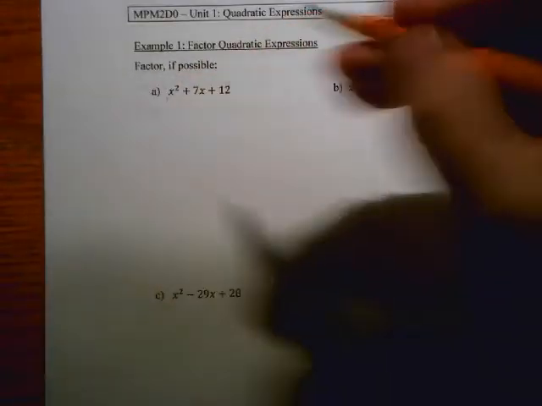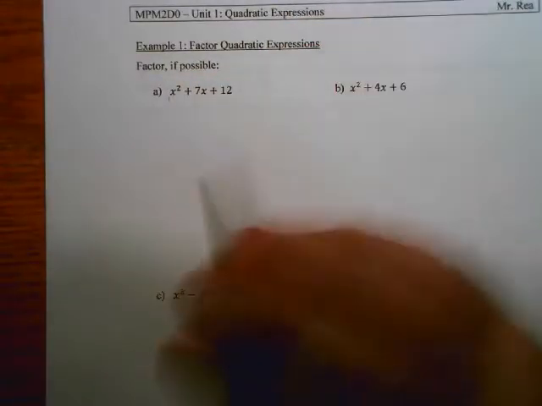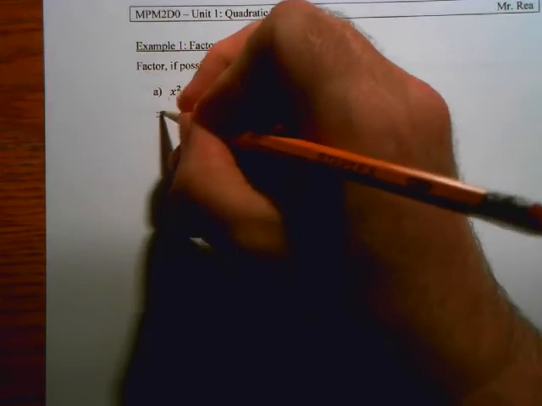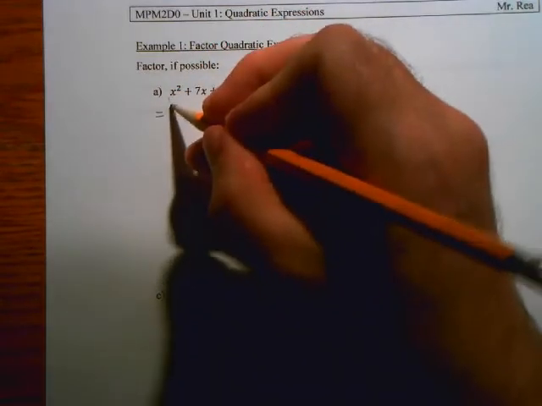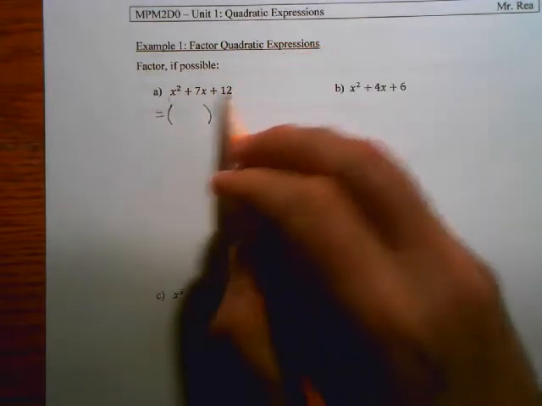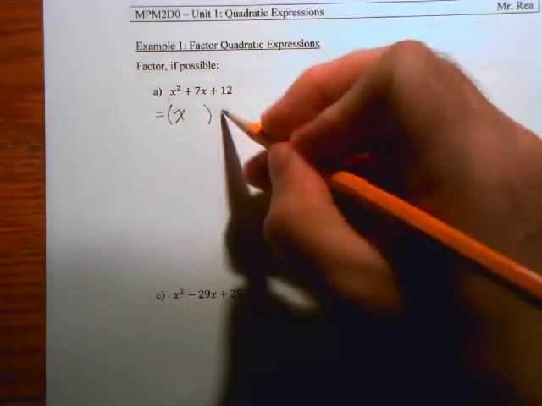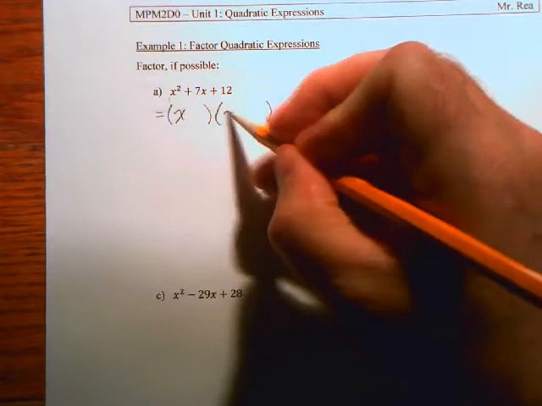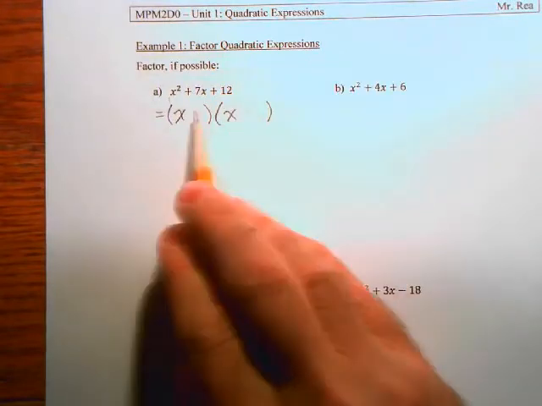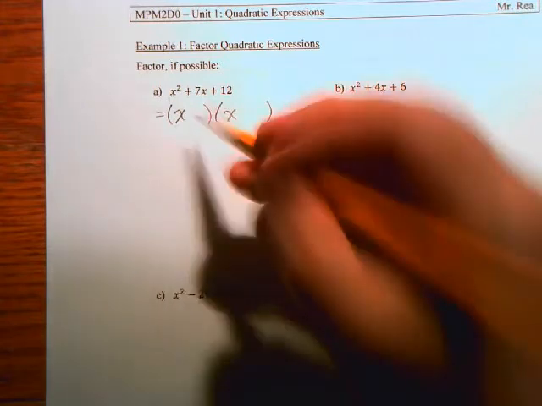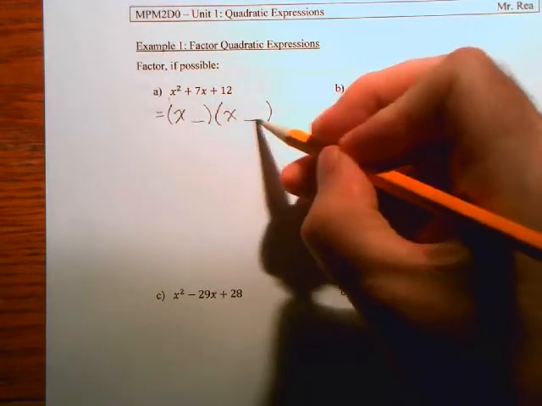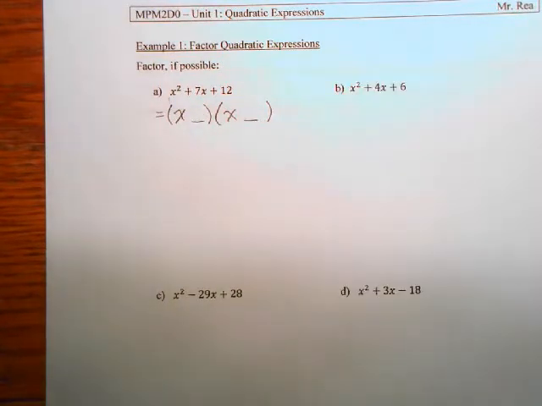Okay, so as soon as I see this, I'm assuming it's factorable until I prove otherwise. Remember, as soon as you see one of these simple trinomials, you get a head start on the factors. The factors are going to be 2 binomials, and the first term of each binomial is x. And we're looking for those 2 magic numbers.